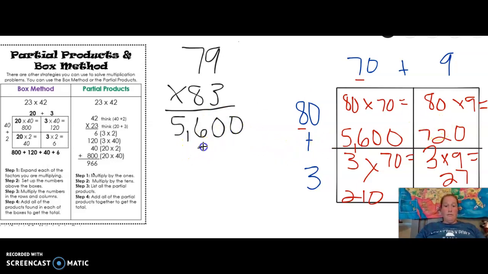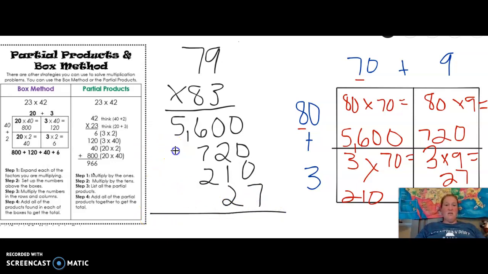So we know this hundreds place is here. 720. 210. And 27. We know the tens place, 27. Perfect. Now some of you might ask, could we put that 27 first and then 210, 720, 5,600? Sure, it doesn't matter when we're adding which order they go in.